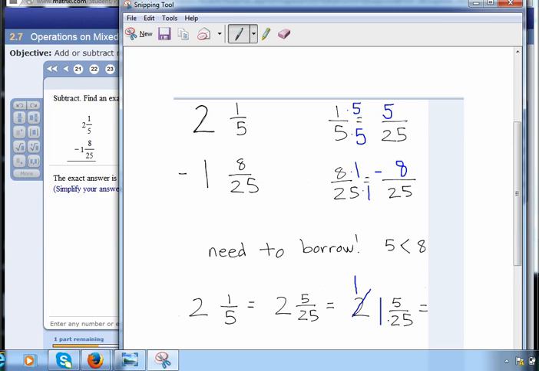Now, to subtract, this doesn't do very much good in this form. I've got to get my numerator larger than 8. So to do this, I'm going to change my mixed number, 1 and 5/25, to an improper fraction. 25 times 1 is 25, plus 5 is 30.